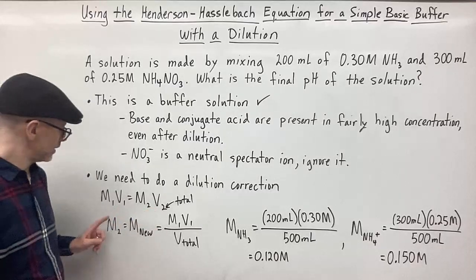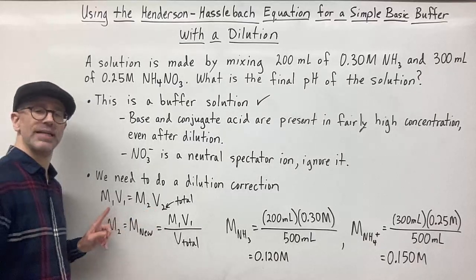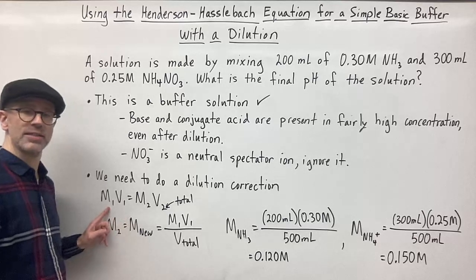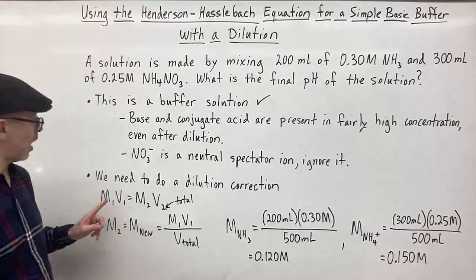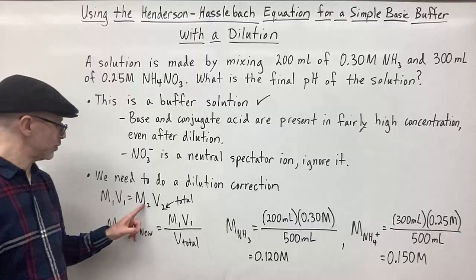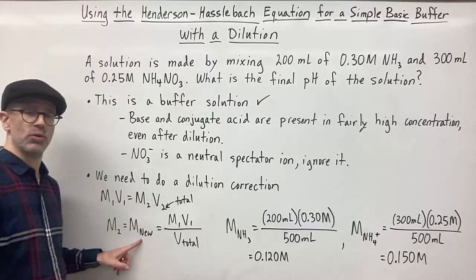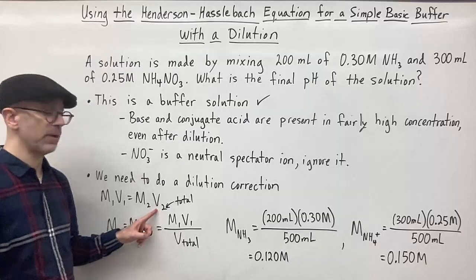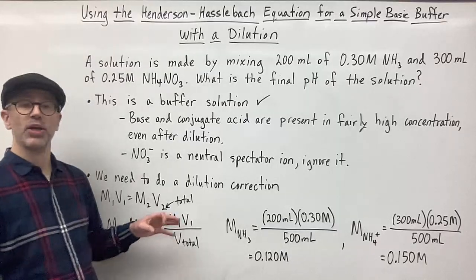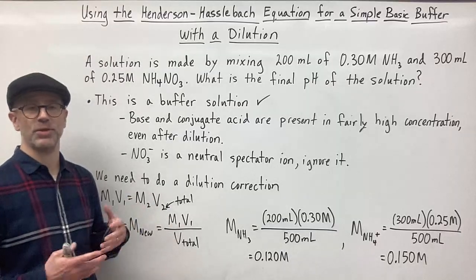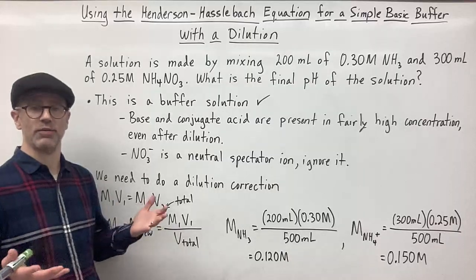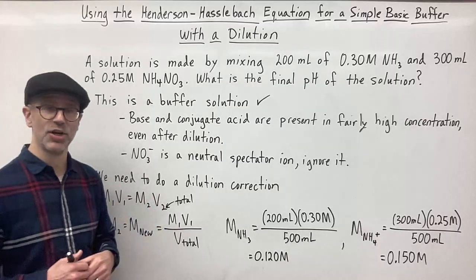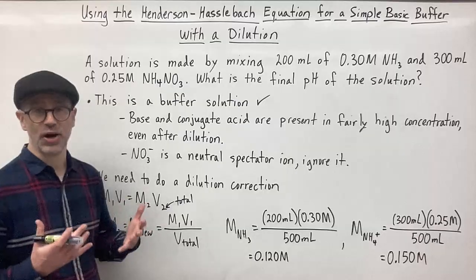In this case, M1V1 is our starting molarity and volume, so we're going to start with that. And then M2 is the new molarity and V2 is the new volume. When you're mixing them together, the new volume is going to be the total volume of the two substances mixed together, assuming that the volumes are additive.